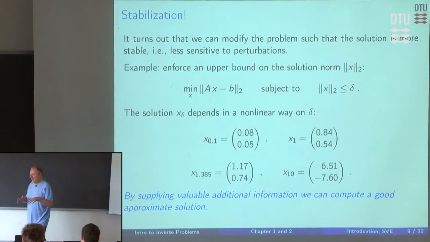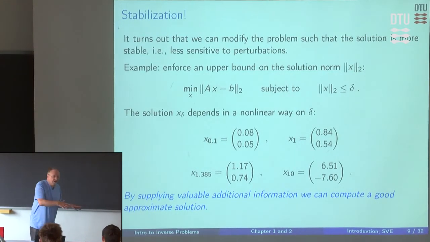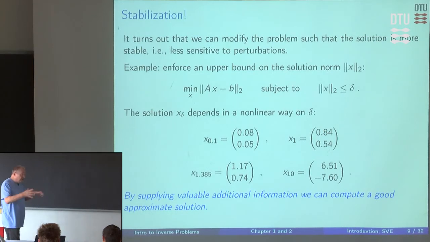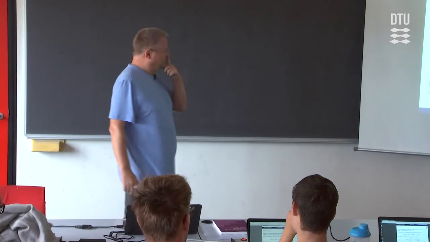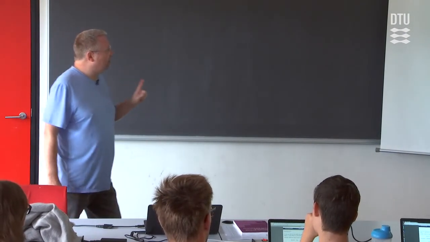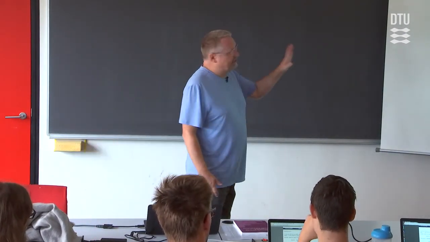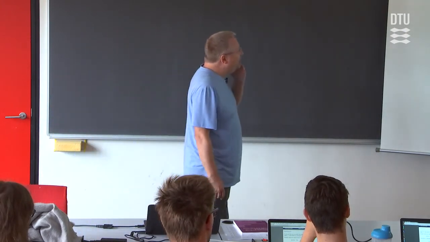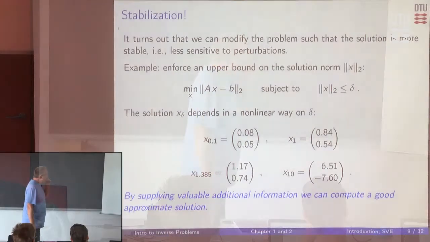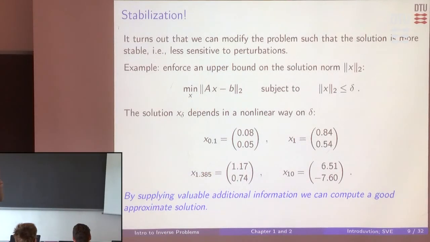So the mathematician can't a priori say you should do it this way. You should think about the physical problem you're solving and see from there, can I extract additional information that I can somehow put into my problem formulation. In this case, since it's just a small Mickey Mouse problem, I assume that maybe I have a reasonable guess of an upper bound of the norm of the solution.